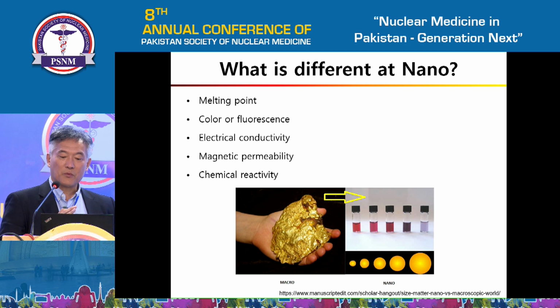So in case of gold, that is divided into the small size, just like a nanometer size, then the melting point has been changed, and also color or fluorescence and electrical property or magnetic property has been changed.